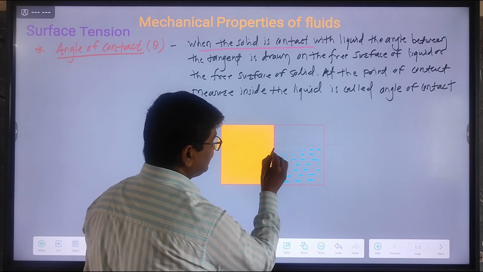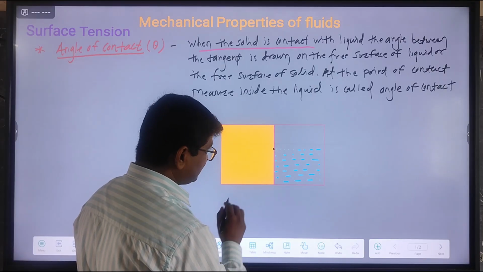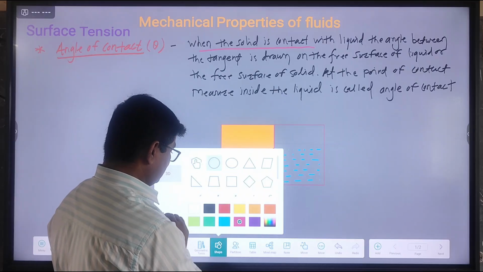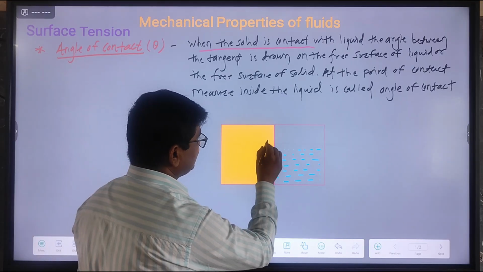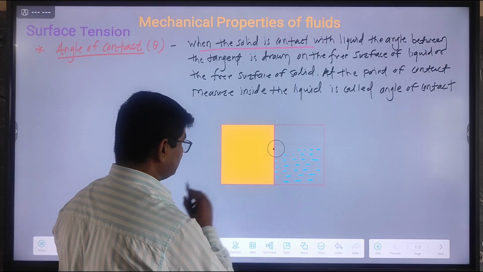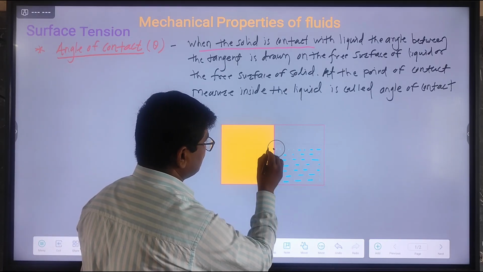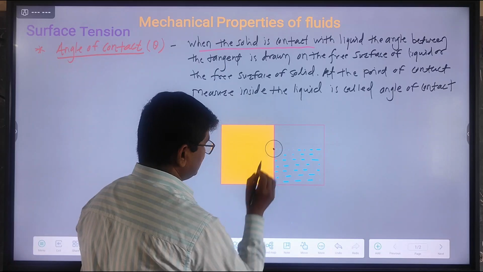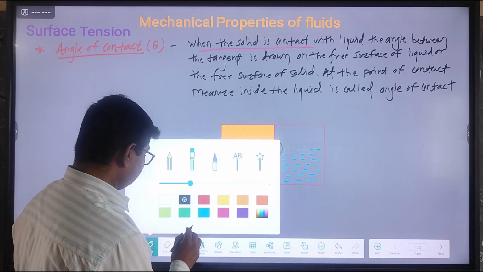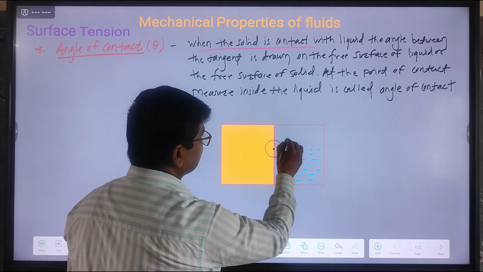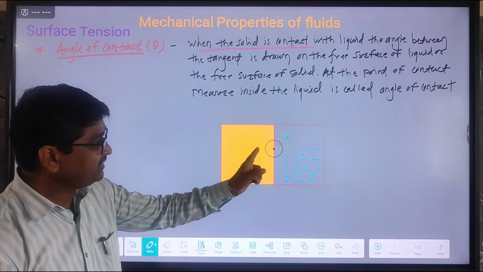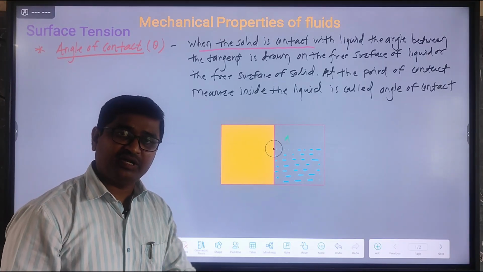So this is the point of contact, and at this point of contact we draw a molecule. Imagine that this is molecule A, and such a molecule A indicates that at this point the solid and liquid are contacting together.